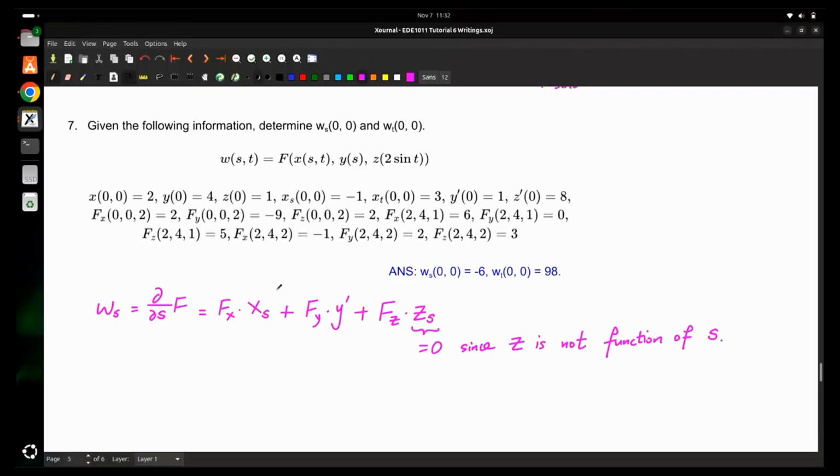Is that right? Okay, so the last term is 0. So let's evaluate the first two terms.